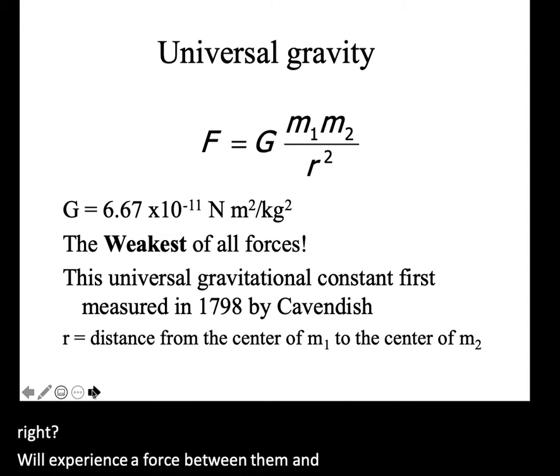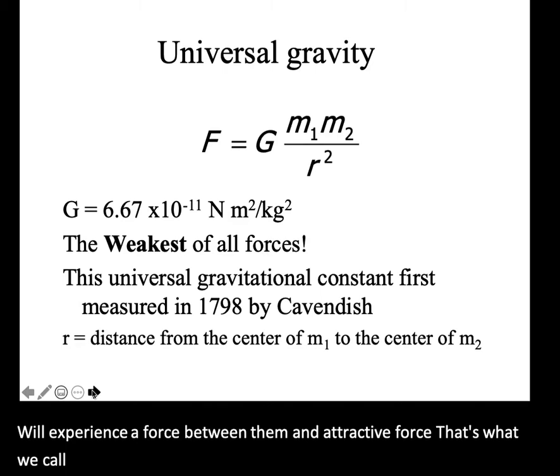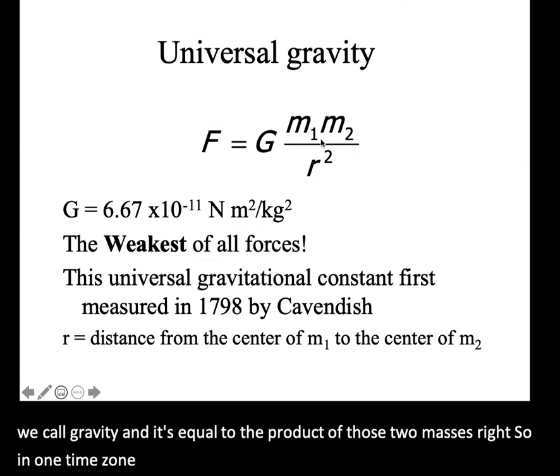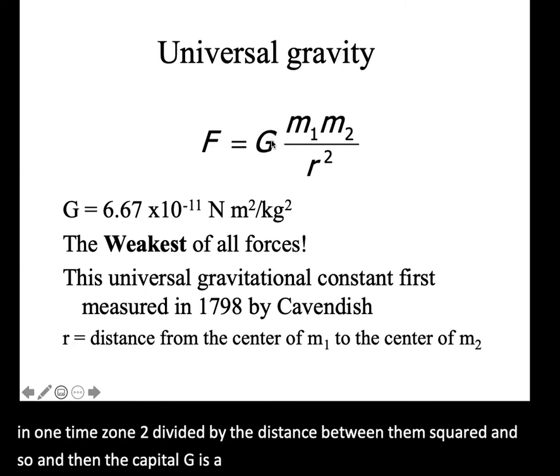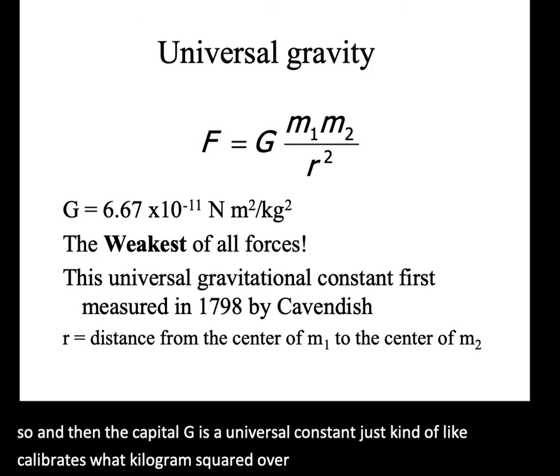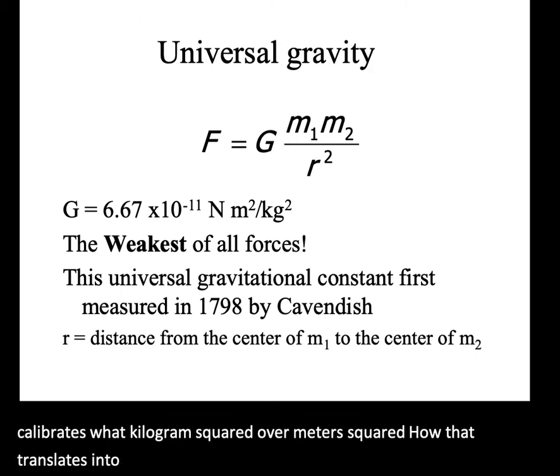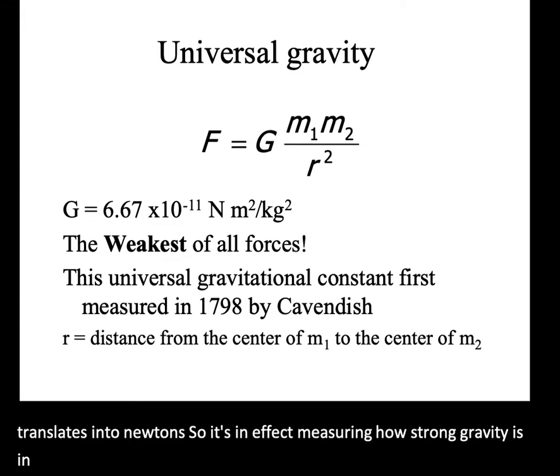That's what we call gravity. And it's equal to the product of those two masses, right? So M1 times M2, divided by the distance between them squared, right? And then the capital G is a universal constant that just calibrates how kilograms squared over meters squared translates into newtons.